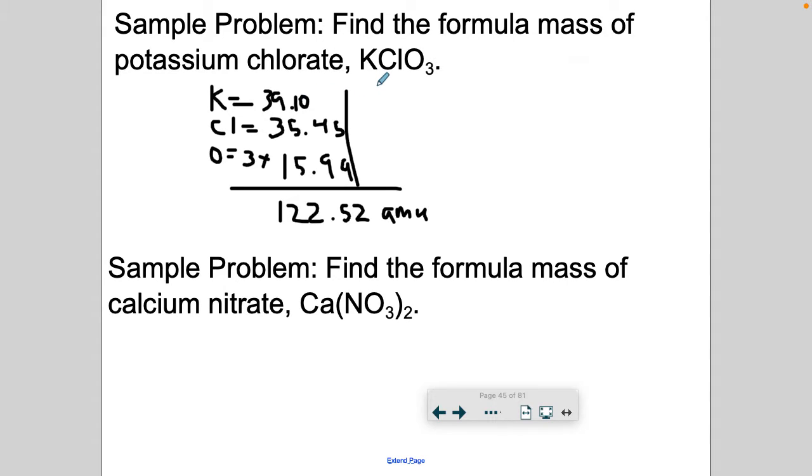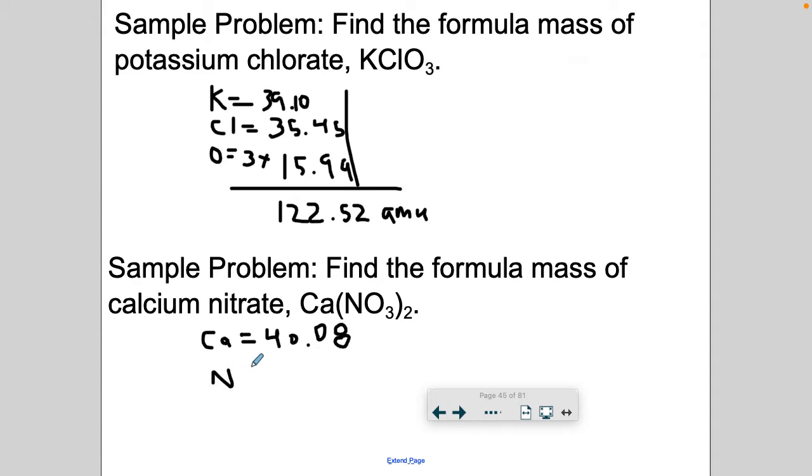And you'll be fine. So Ca is calcium. Okay, so now moving on to calcium nitrate. So I have calcium, 40.08.